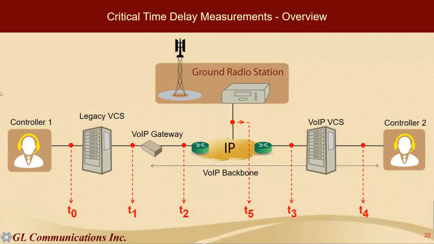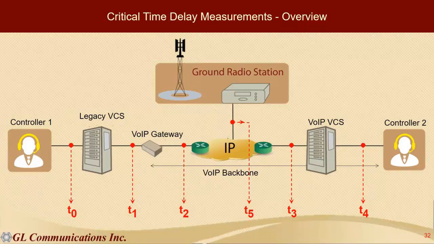At this point, we're talking purely analog. Even here, it's an analog connection to some extent. After it goes through the gateway, it's an IP connection. So now we're talking Ethernet IP with ED137. All of this is being represented by IP as well. But after the VoIP VCS, it obviously will go back to an analog world before the controller hears it.